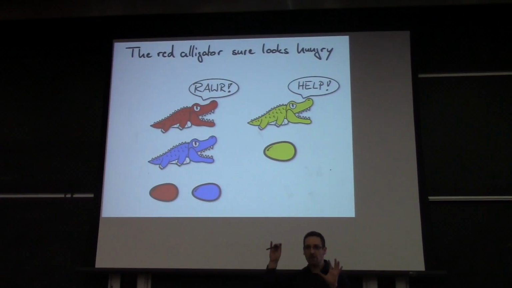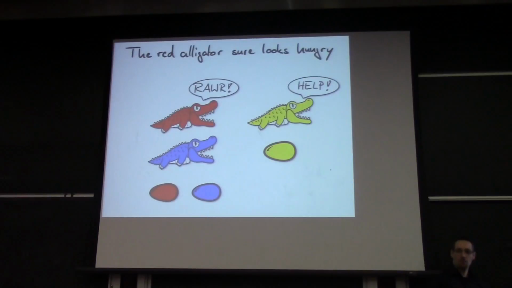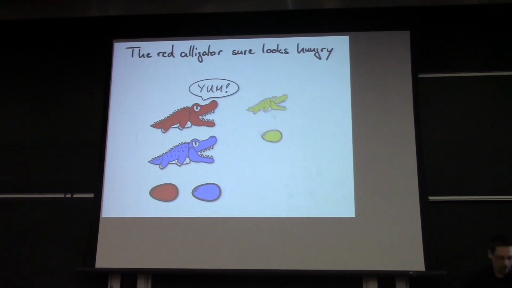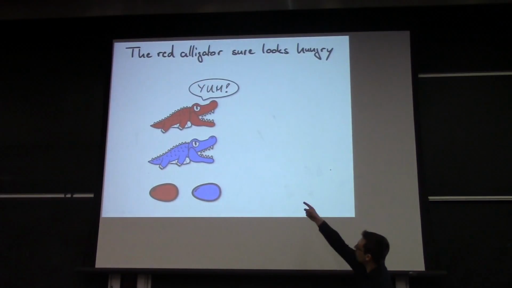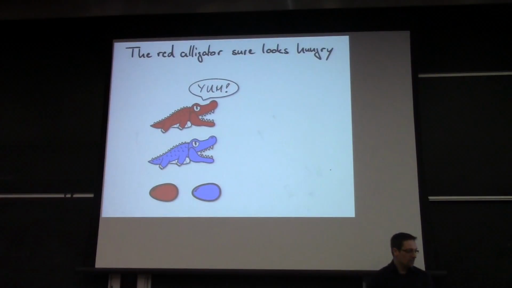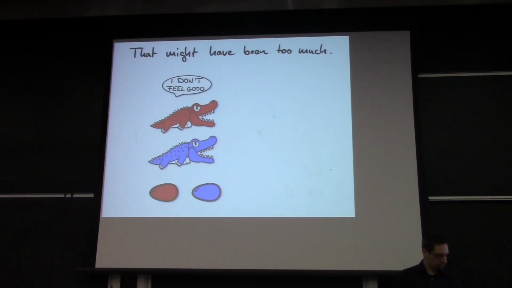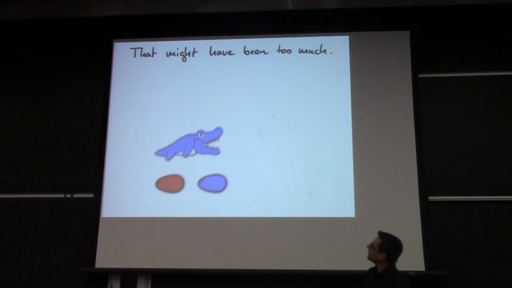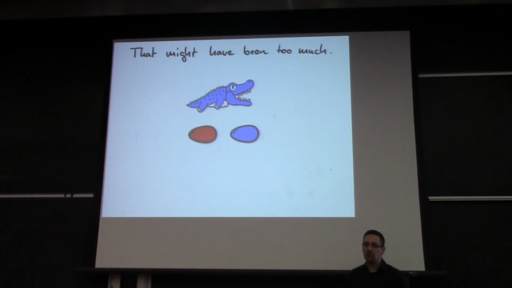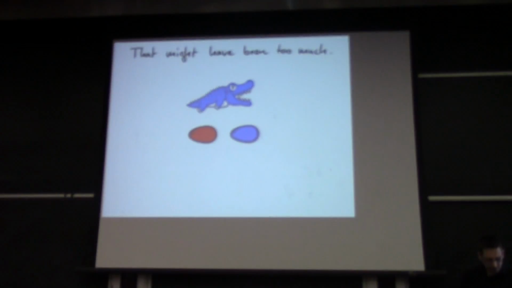Whenever you have two families side by side, and the left family has a hungry alligator, it's going to eat the family on the right. So the red alligator now ate the yellow family. And they're also not the smartest creatures. Whenever they eat something, they don't feel too well afterwards, and they're going to die. So this guy now is dying and disappears. We're left with this family here.